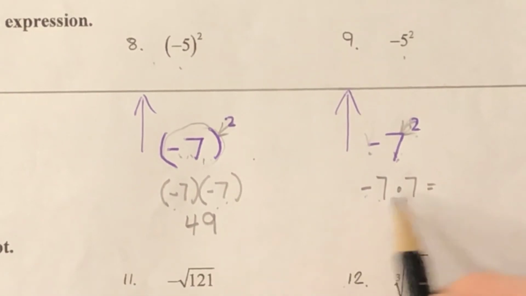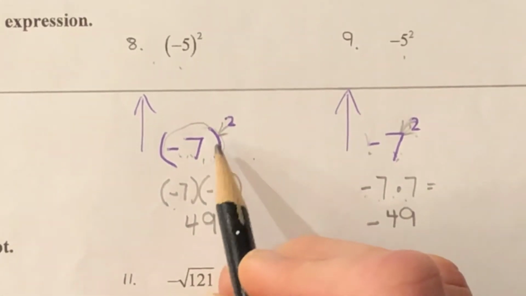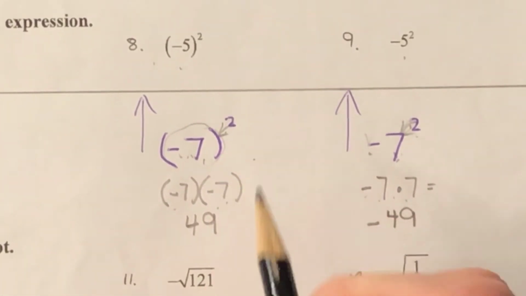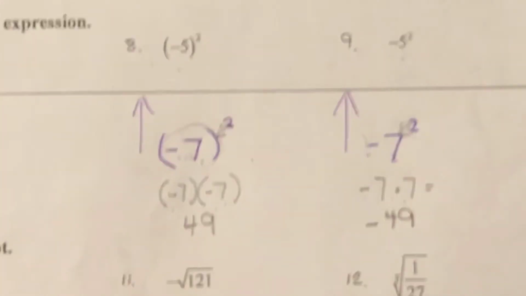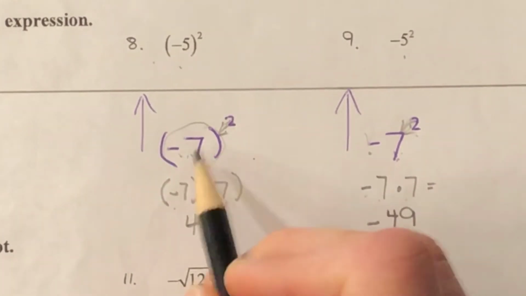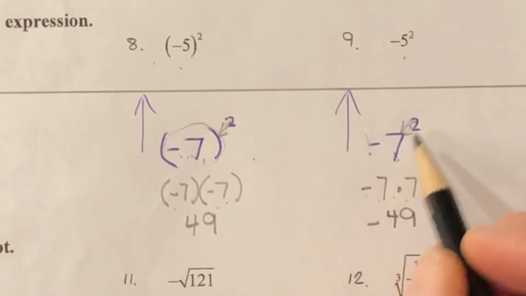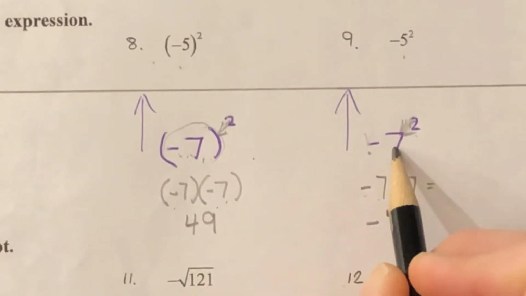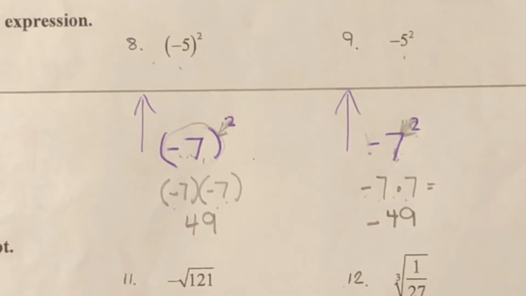Because of that, your final answer is -49. You see the difference? Be really mindful of exponents because they only apply to what is immediately in front of them. And if it's in parentheses, then it's that whole group. But if it's not in parentheses, it's just that. You see the difference? Take a moment and make sure you understand.